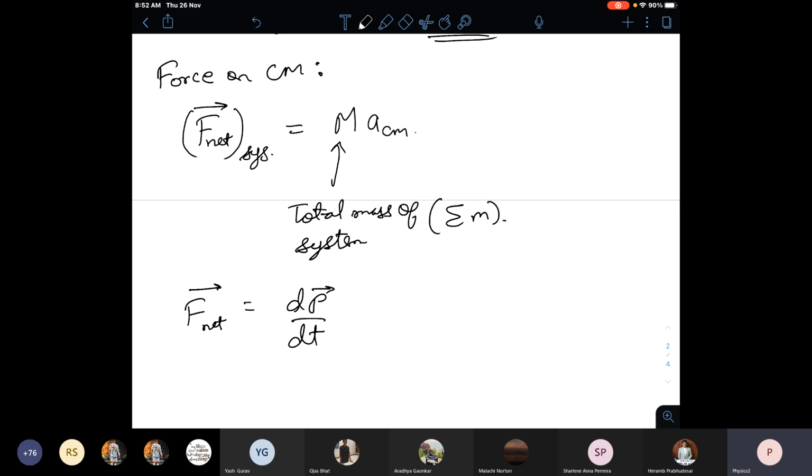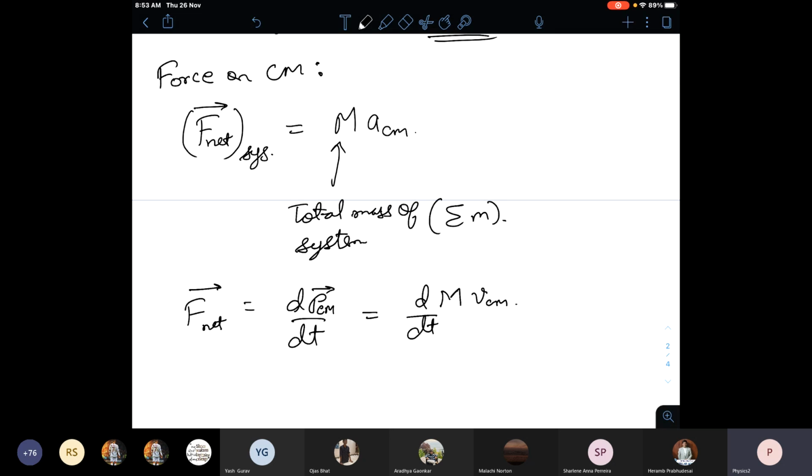So F net is equal to dp by dt. What is this P? P is the momentum of center of mass here. So you can write this P as d by dt of M, capital M, into V_CM: total mass of the system into velocity of the center of mass.